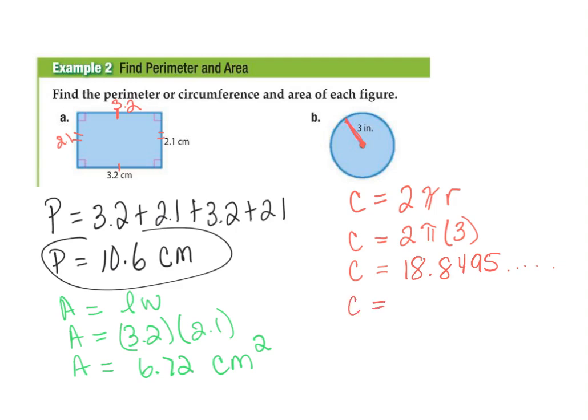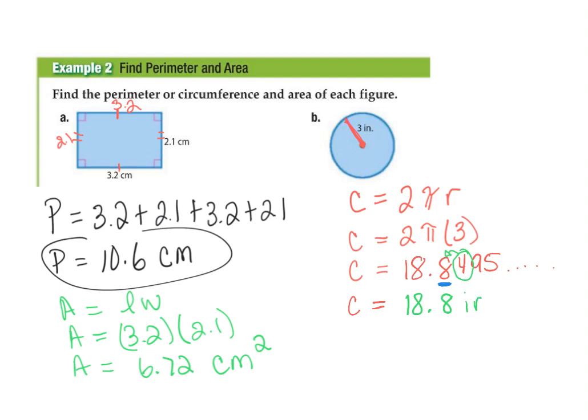So if I tell you to round to the nearest tenth, that's the first number after the decimal point. So you will look at the second number, and if the number is 5 or larger, you will round that number up. But if it's less than 5, such as 4, you will just keep it the same. So my answer will be 18.8.